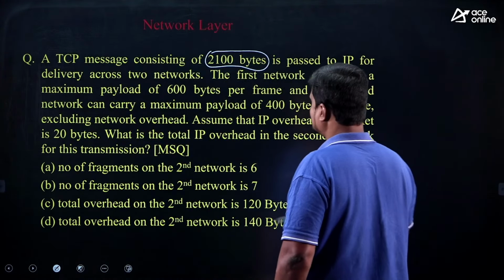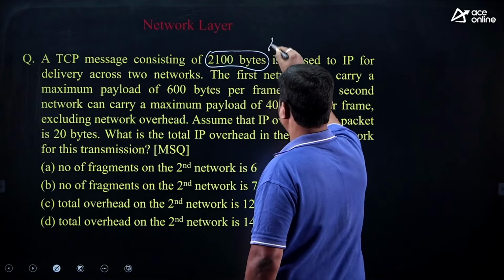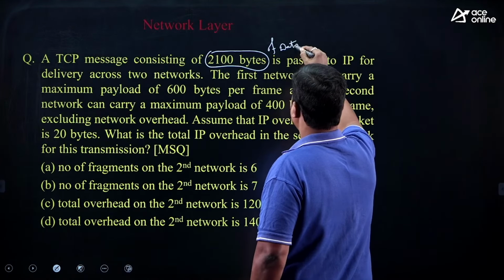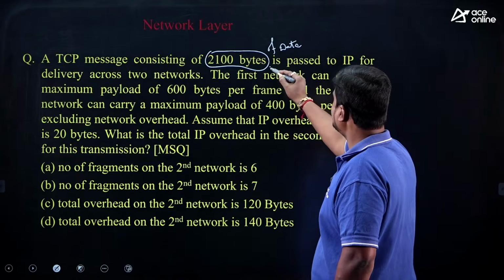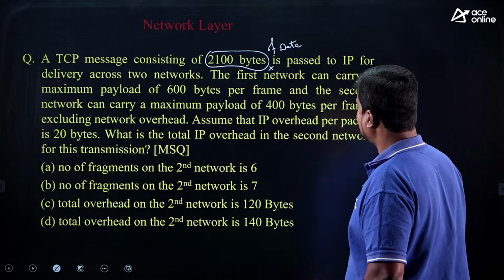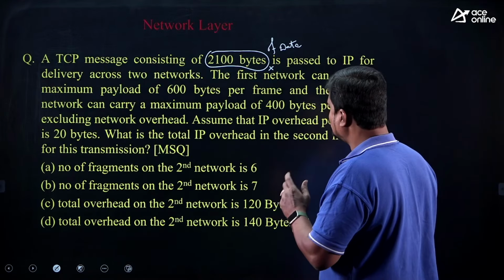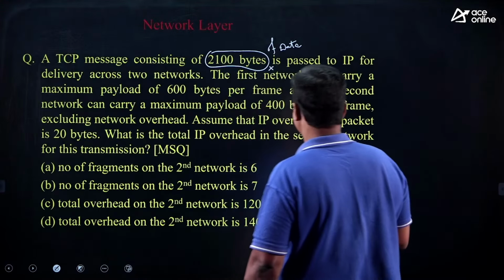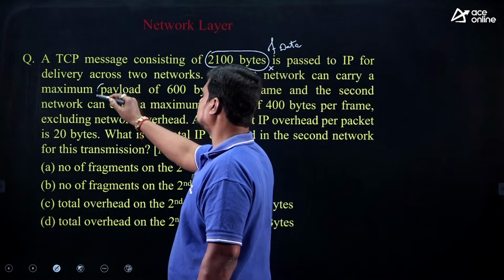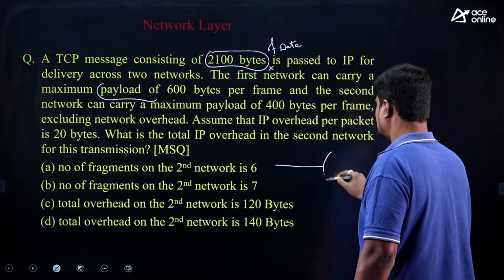So the TCP message contains 2100 bytes of data, which is passed to IP for delivery across the two networks. Payload means the data portion.